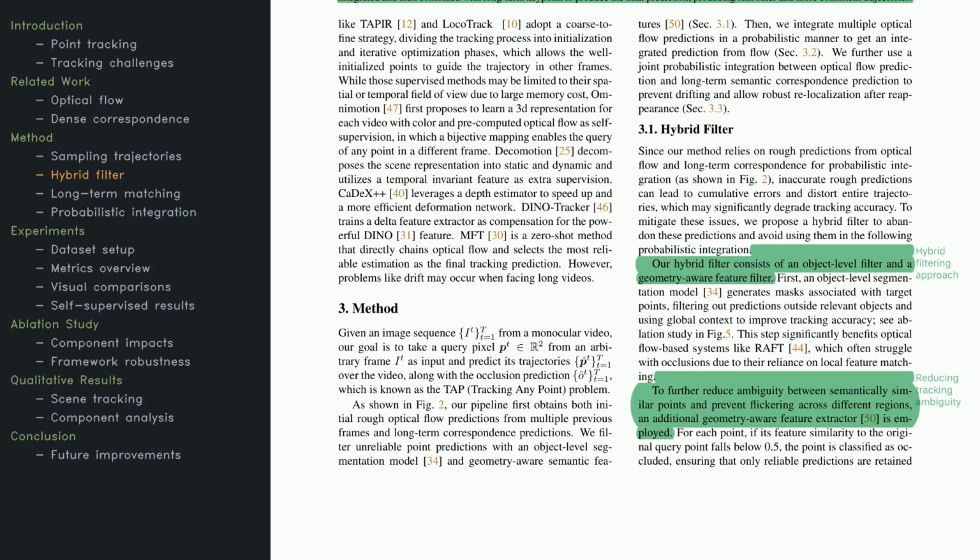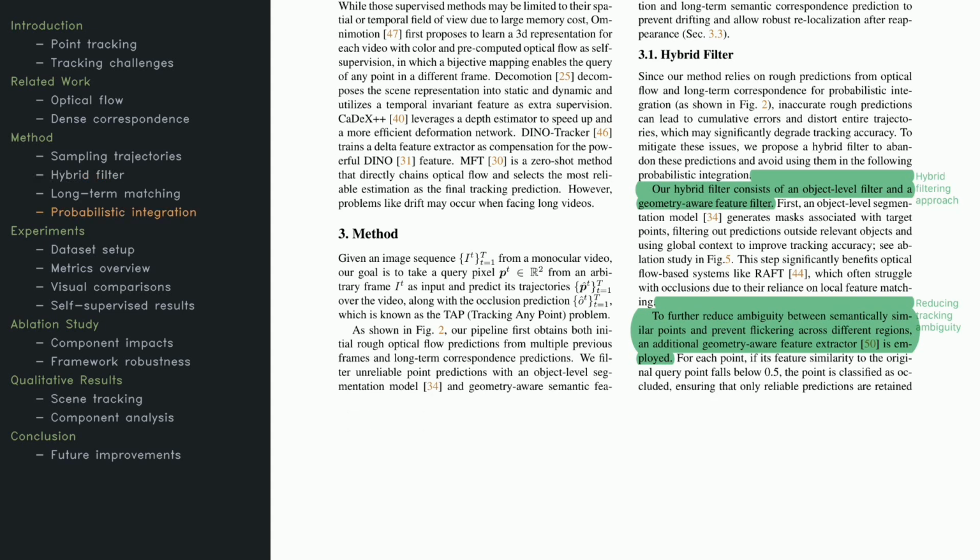The second part is a geometry-aware feature extractor, making sure that only points that match the original point's appearance get through. By combining these two, the filter avoids unreliable predictions and narrows down any confusion in regions that look similar. Once that's done, they use probabilistic techniques to integrate the filtered predictions over time. This enables stable tracking, even when the scenes are really busy or when occlusions persist.